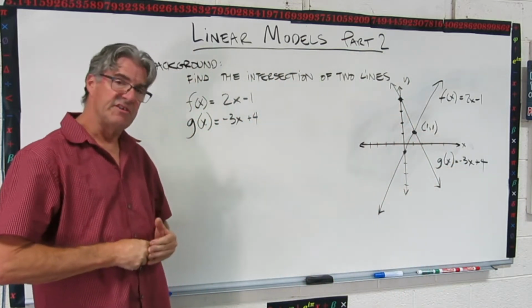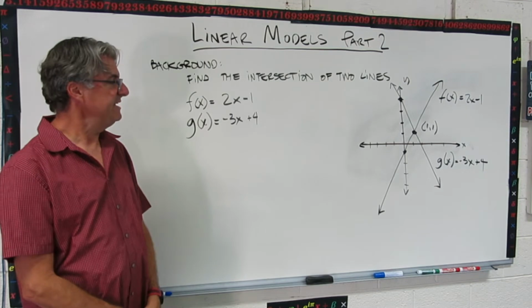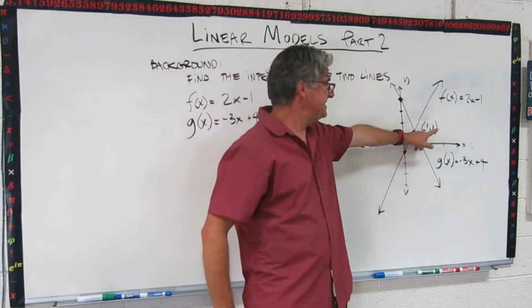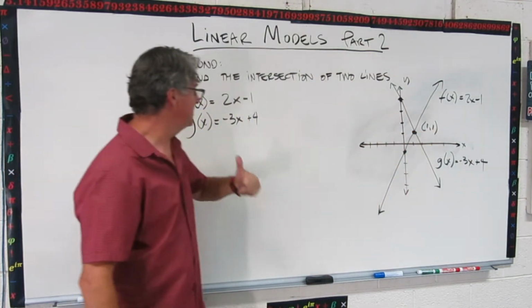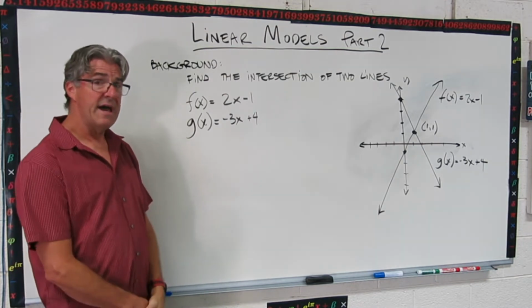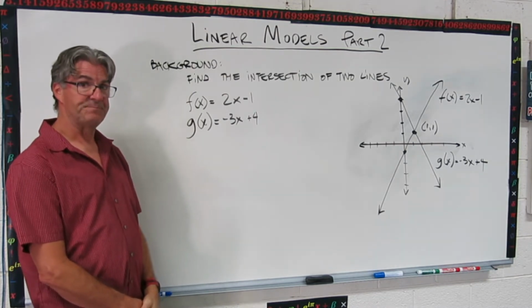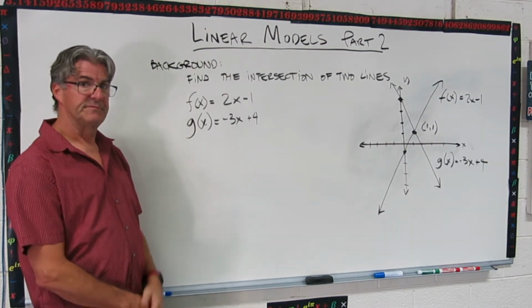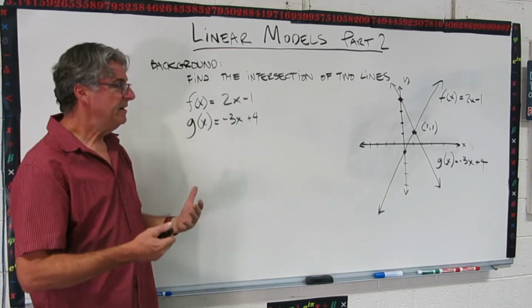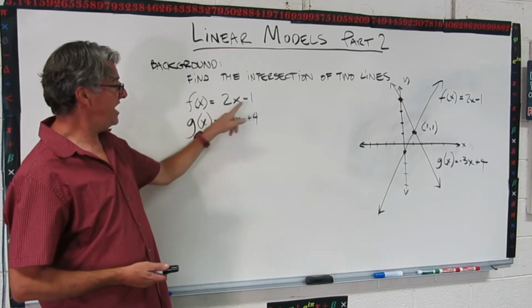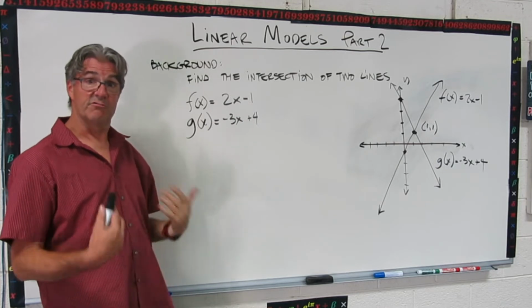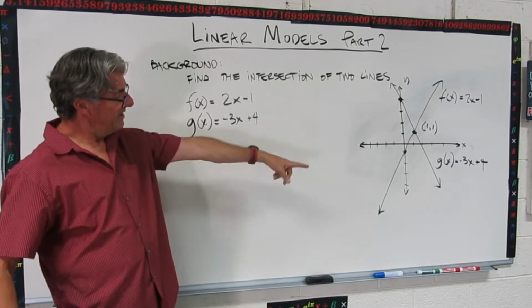Now I want you to pause the video and think about what that means. This point is interesting with respect to these two functions. Why might that be the case? Okay, if you thought, well, that point satisfies both equations, you're right. Graphically, it's obvious.